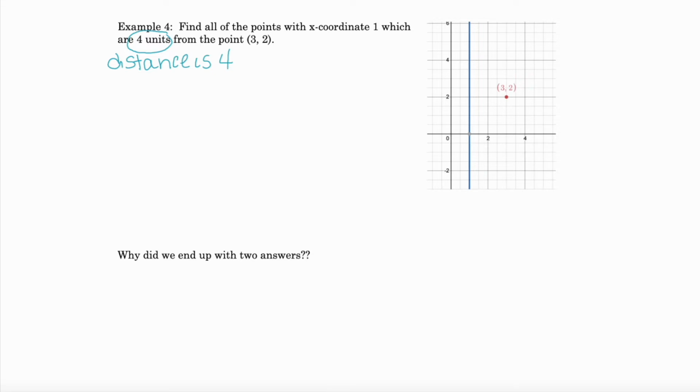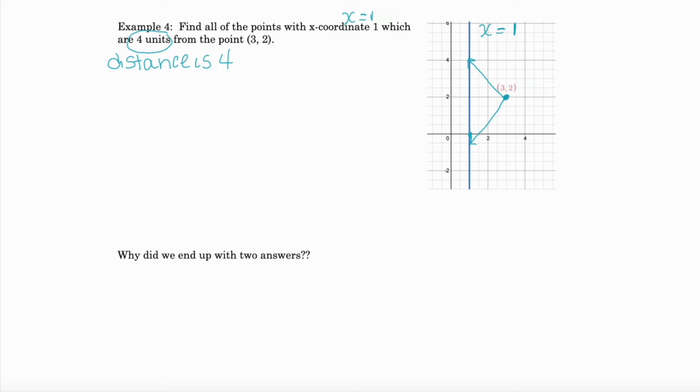So I want to know what are the points 4 units away from this particular point that has an x value which equals 1. So here is a vertical line where x is equal to 1. I want to know what are the 2 points that would be 4 units away. What are the y coordinates that match this when I know my distance and I know my x value?